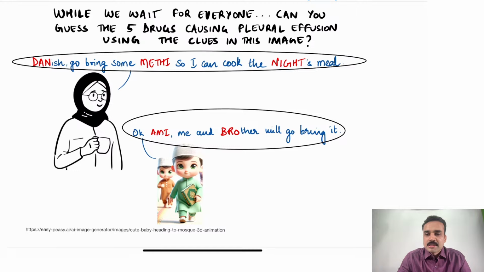Methi, okay, it's methimazole. Good attempt. Methimazole is a drug of choice for Graves' disease, an antithyroid drug, TPO antagonist. Amiodarone, very good. Bromocriptine, absolutely correct, dopamine agonist. Methotrexate, as you were trying to say, produces interstitial lung disease.